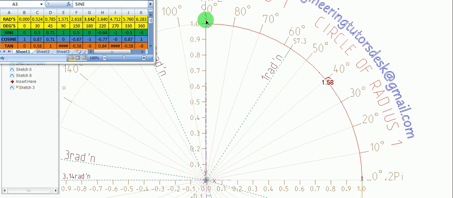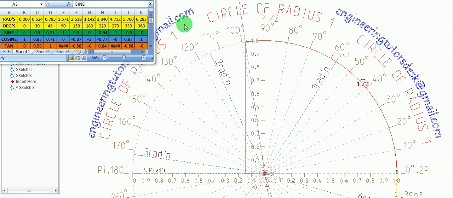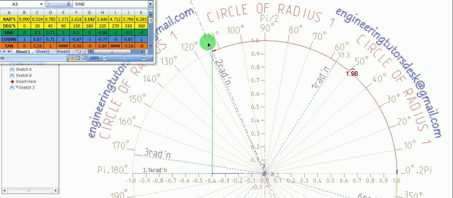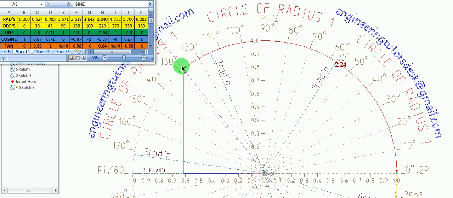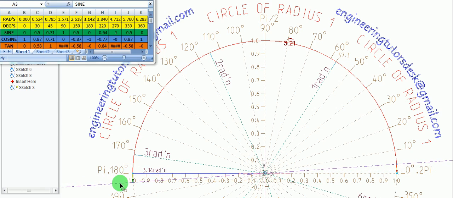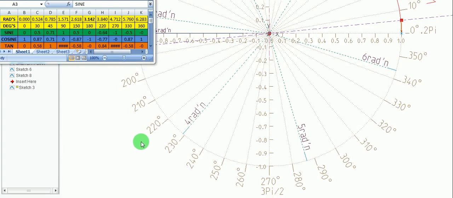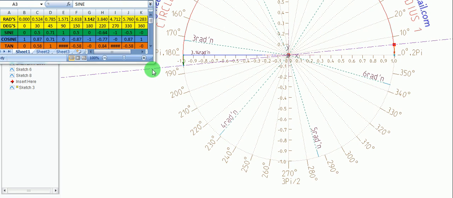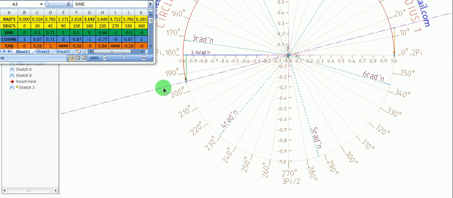When we move more than 90 degrees, the length of the cosine will go on increasing again in the negative direction. And when we reach 180 degrees, its length will be again equal to the radius of the circle. When we cross 180 degrees, its length will again go on decreasing.